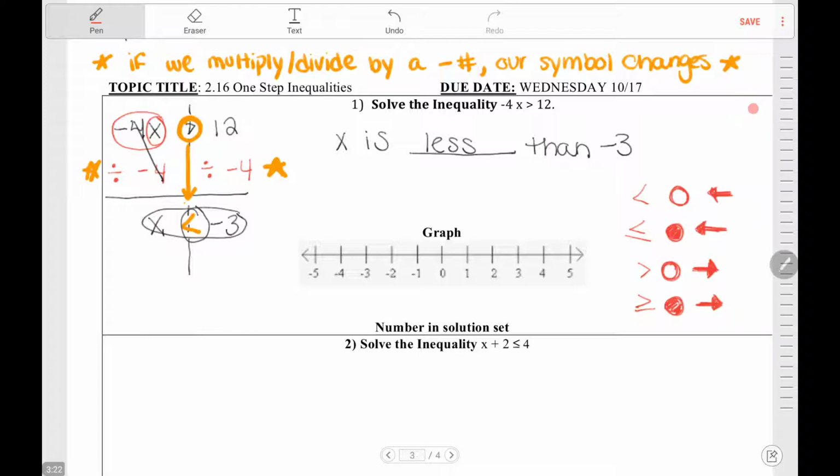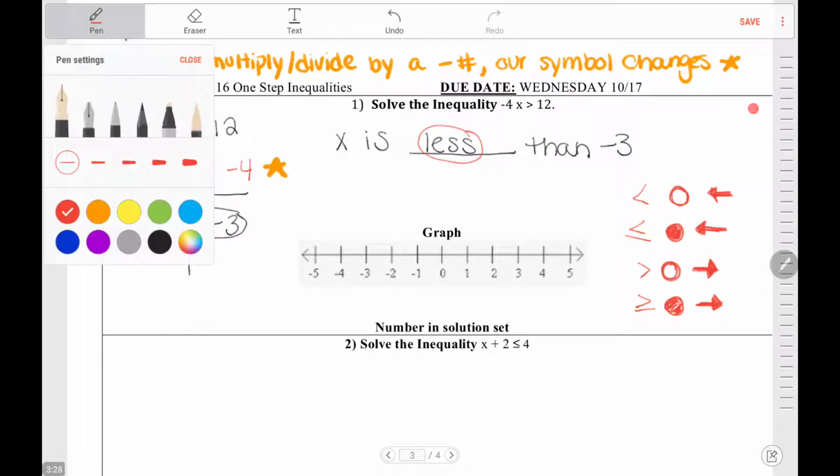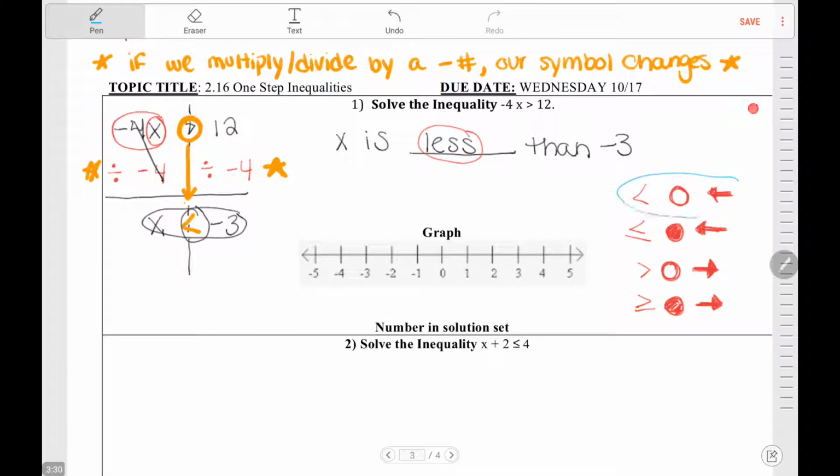Okay, so let's do that. This is less than negative 3, which is this row right here. So I'm going to put an open circle on negative 3, and I'm going to shade to the left. Okay, so there's my graph. Now, I need to pick a number in the solution set.